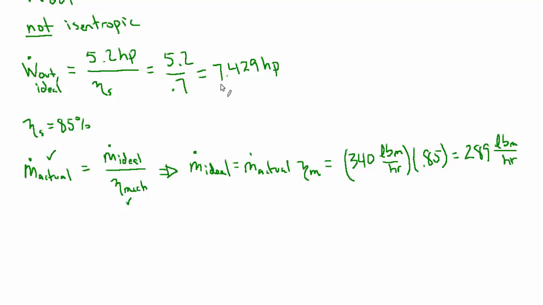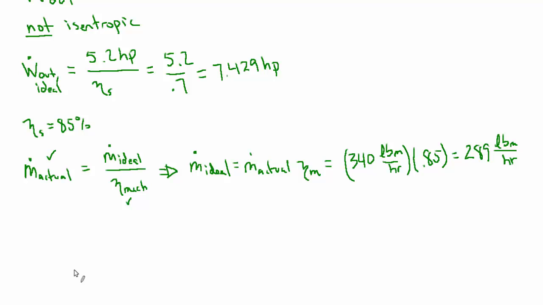We found the power that the cycle would actually put out if it was isentropic, and the flow rate that would actually be required if the mechanical efficiency were 100% instead of 85%. Hopefully that makes sense intuitively, that you're getting more power with less flow rate if the mechanical efficiency is 100%.